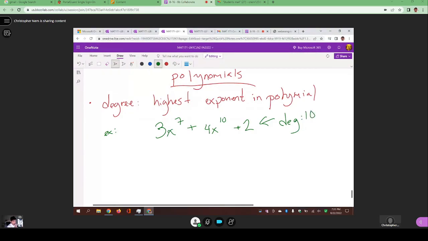Our highest exponent is 10. So I'll be using the word degree pretty often when I talk about polynomials. So degree is the exponent in your polynomial in this case.